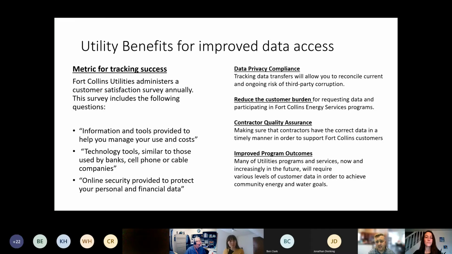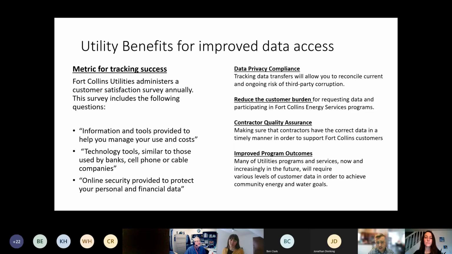Ensuring data privacy and compliance, having that tracking record, being able to reconcile where we are sending our data, to whom, from whom. Reducing the customer burden is always our goal as a utility. We want our customers to have a seamless experience. We want to meet them at the medium that they want to be met at.